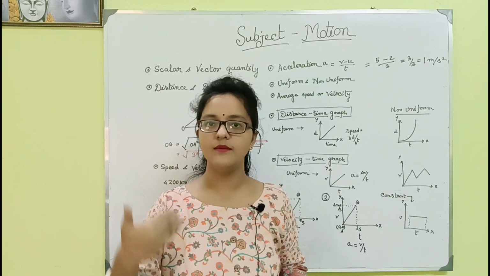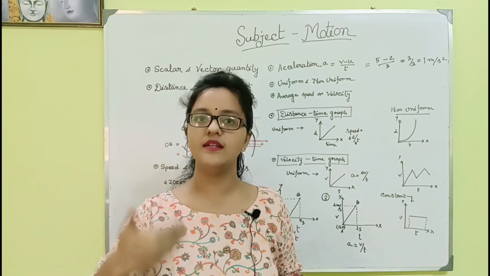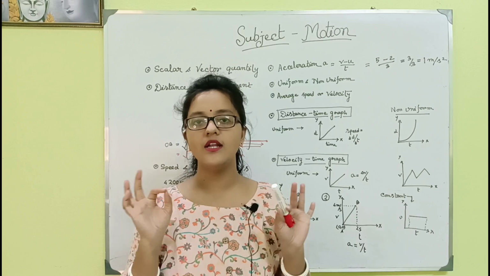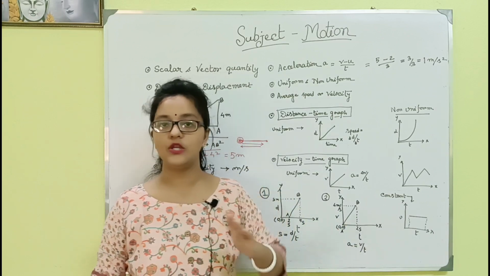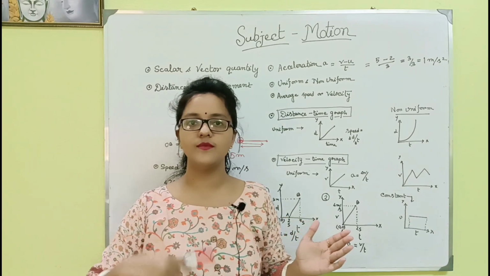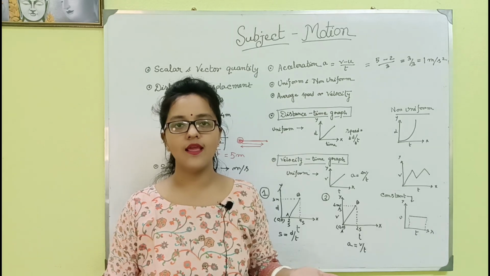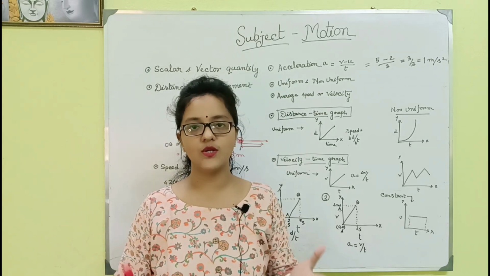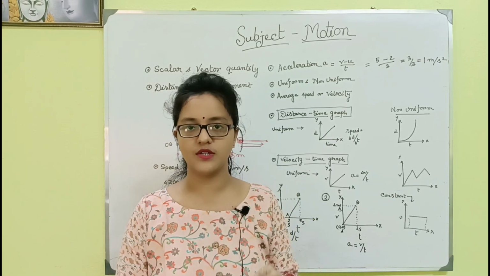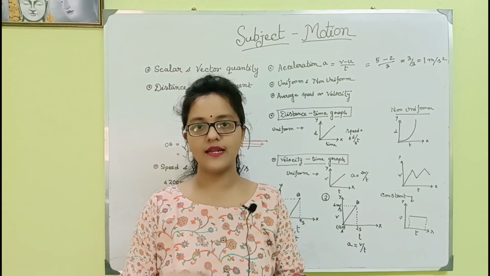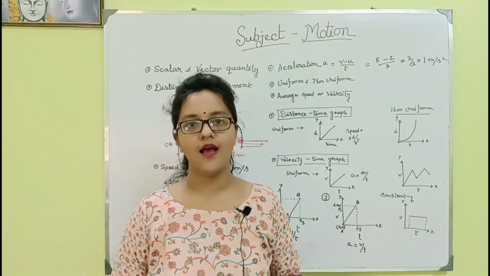The body does not move an equal amount of distance in an equal interval of time. This is non-uniform motion. From uniform motion we can say uniform speed, velocity, acceleration. From non-uniform motion we can say non-uniform speed, velocity, acceleration. So from motion, divided by time, we get the ideas of speed, velocity, acceleration.